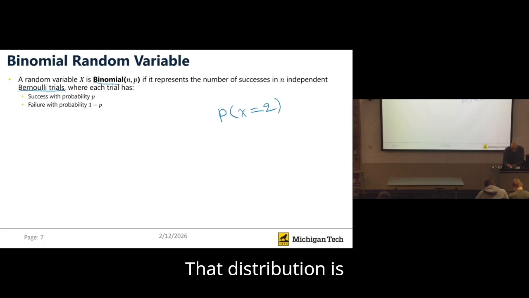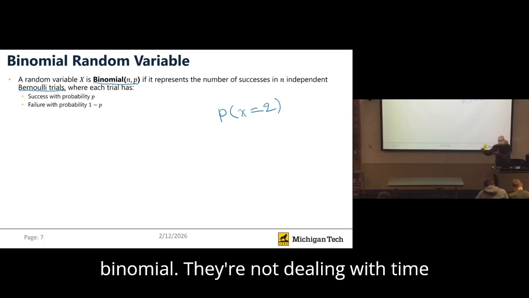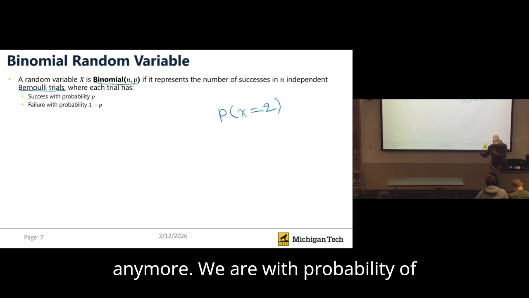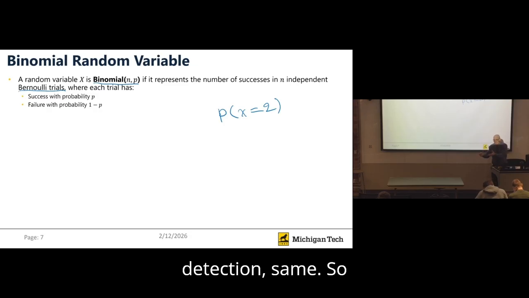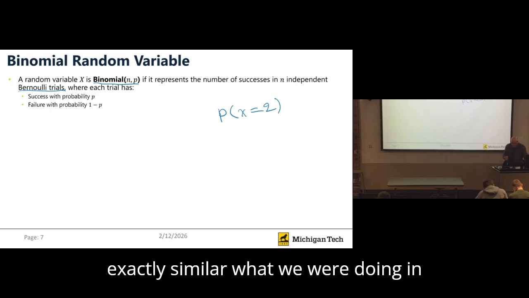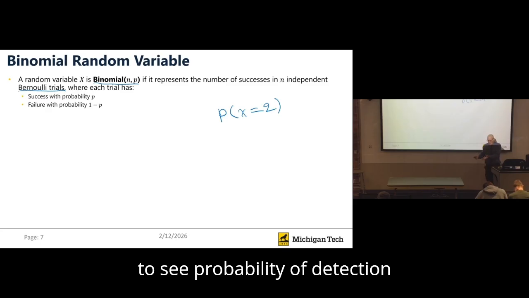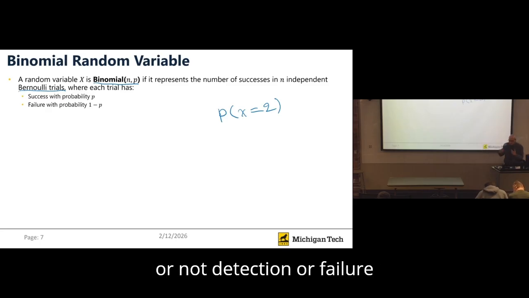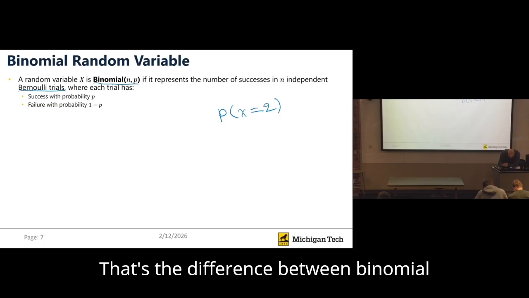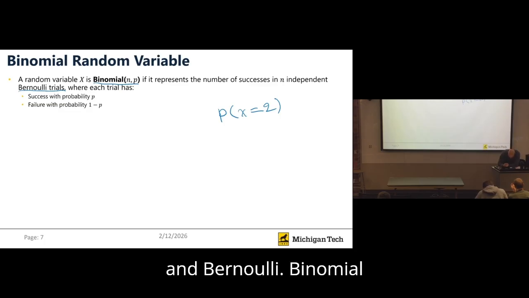That distribution is binomial. We are not dealing with time anymore. We are dealing with probability of detection, same as before. In Bernoulli, it was just 1; in binomial it is n. That's the difference between binomial and Bernoulli.